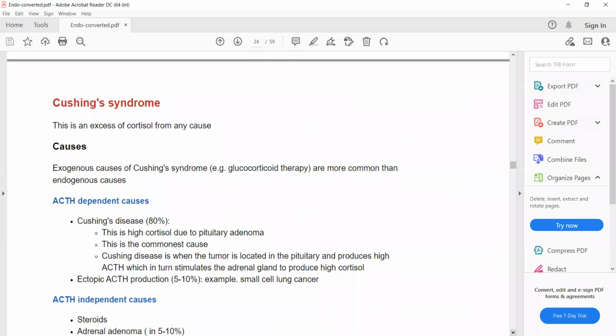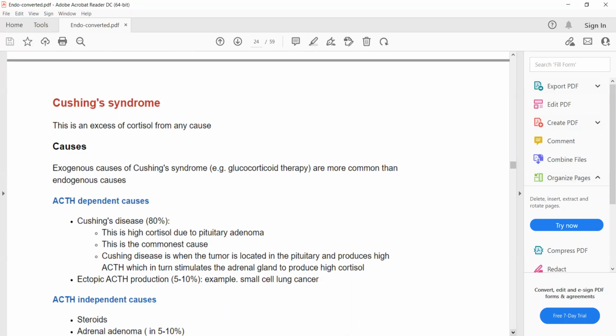So patients with long-term steroid therapy can develop Cushing syndrome, and it is the most common cause. The causes of Cushing syndrome can be divided into two categories. One category is ACTH dependent causes, and the other is ACTH independent causes.